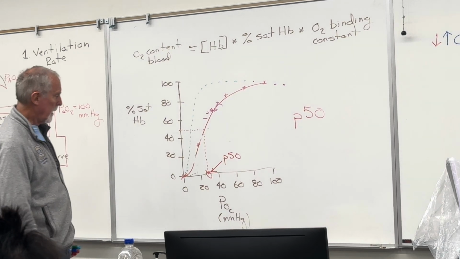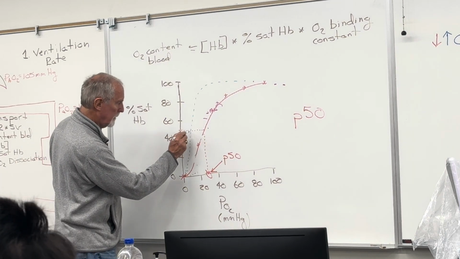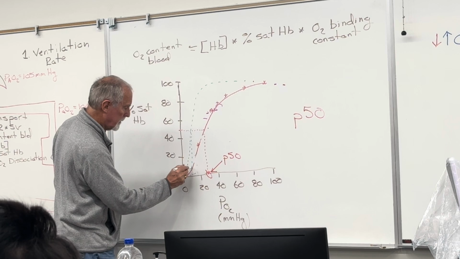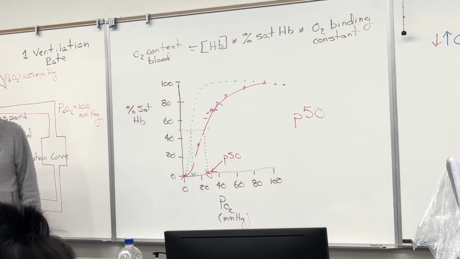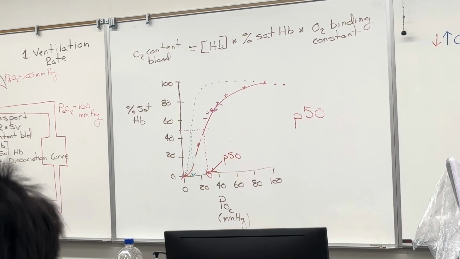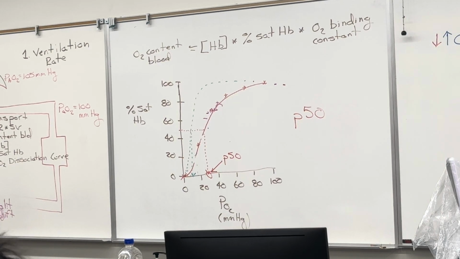Oh, he's got a highly calibrated eye. Good. Typically, the fetal type of hemoglobin has a P50 of about 7 millimeters of mercury. And that means that fetal hemoglobin's got a very high affinity for oxygen, unlike our adult form.